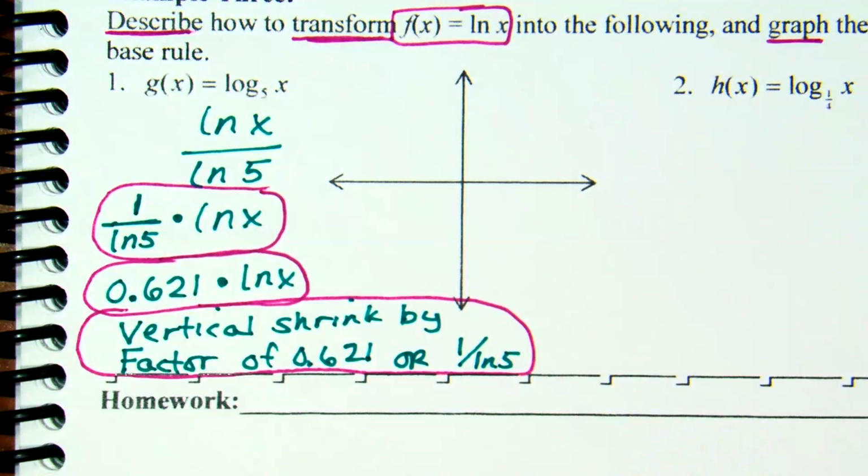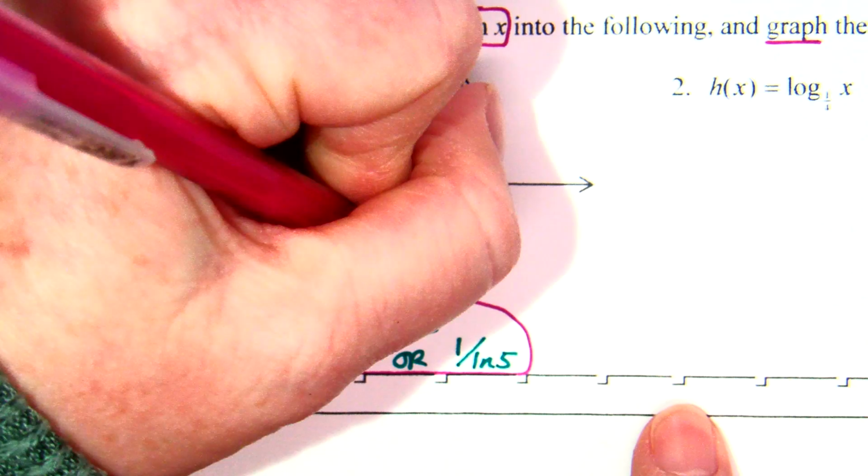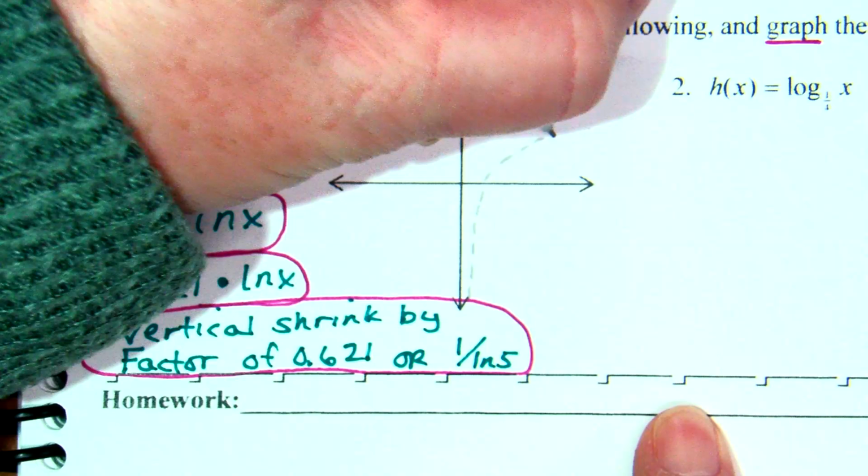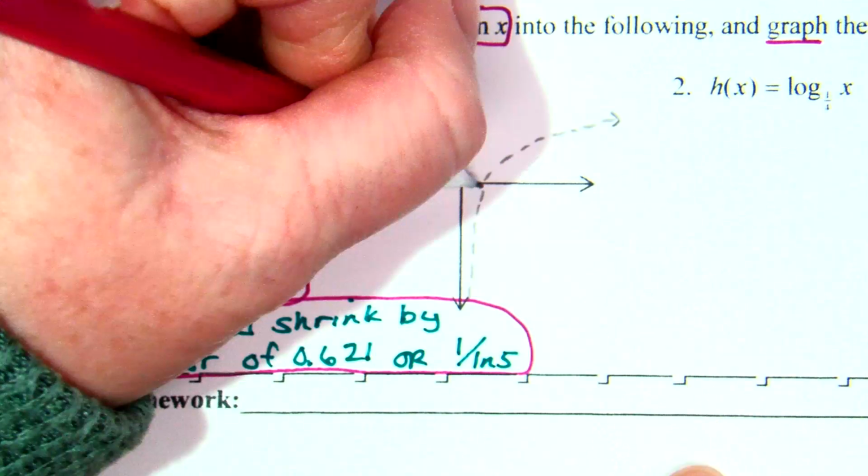Now, do you remember what I told you one of these graphs looks like? A natural log graph goes something like this, where it cuts through here at 1, and it goes something like that. What's shrinking this graph going to do?